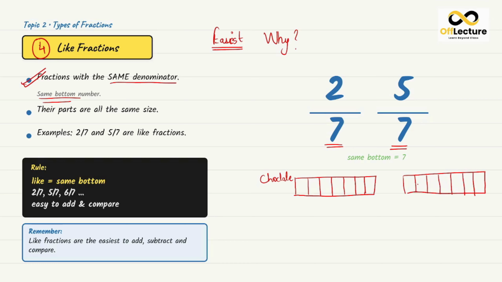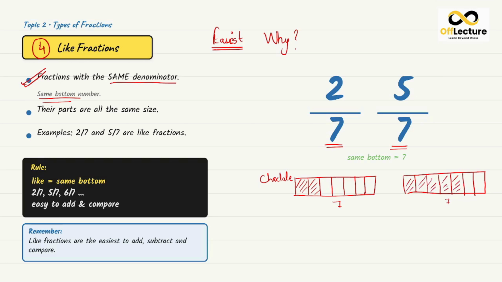It also has 7 equal parts. Both chocolates have 7 equal parts. Now if it says 2 by 7, it means 2 shaded regions, and if it says 5 over 7, it means 5 shaded regions.